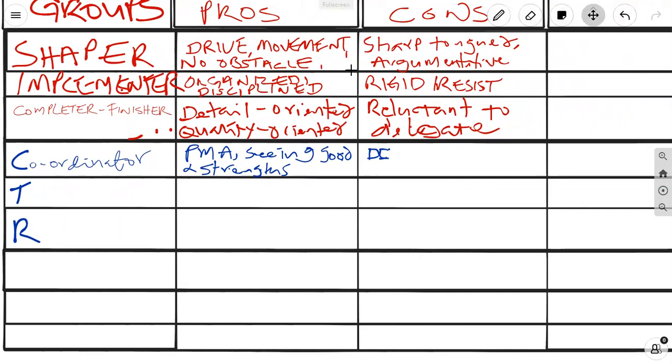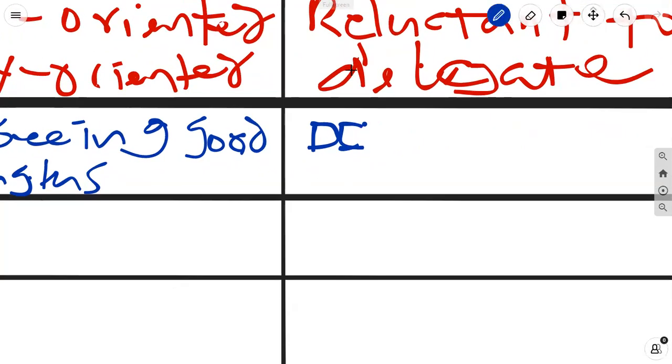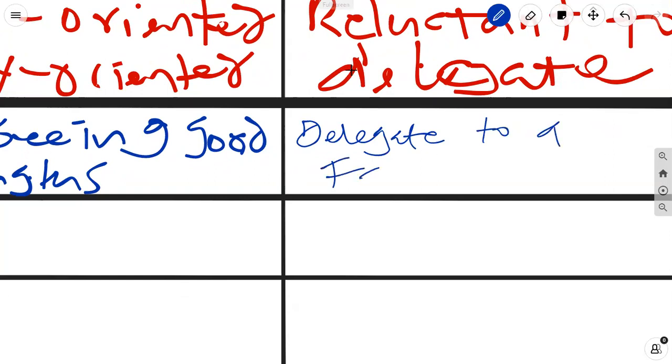Now, there's nothing wrong in delegating, but you don't want them to delegate away what they should do. So it may sound a little bit strange, but delegate to a fault. And that is one of the things that comes out regarding the coordinator.